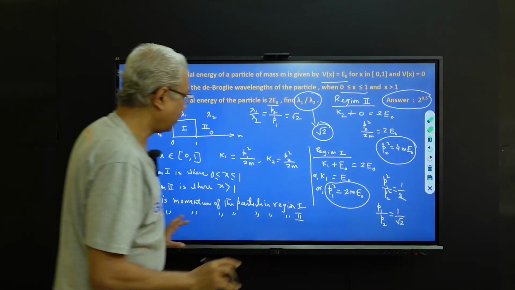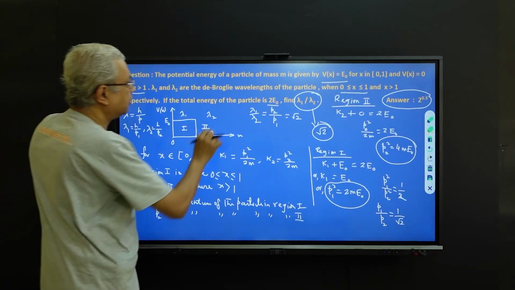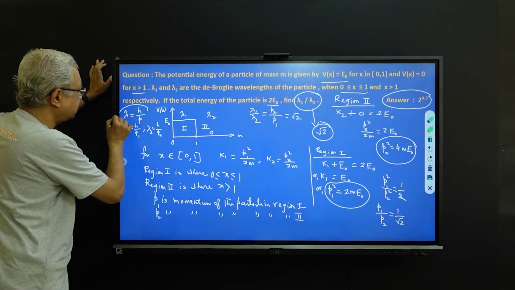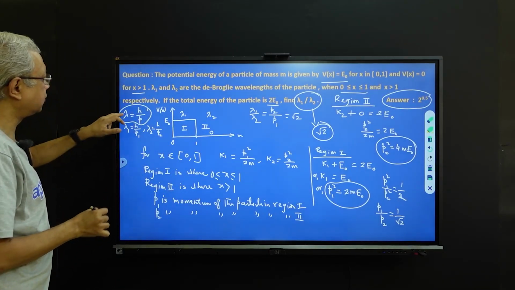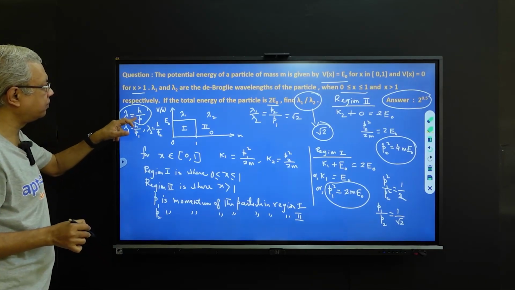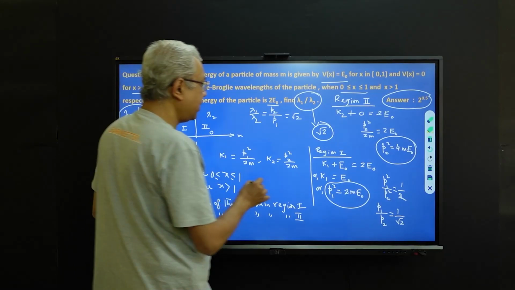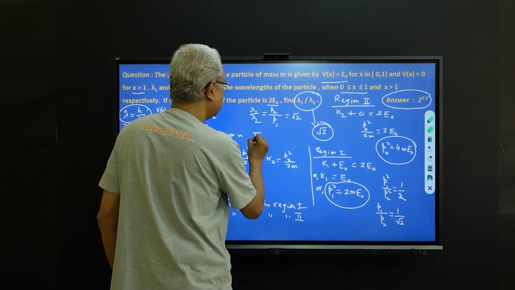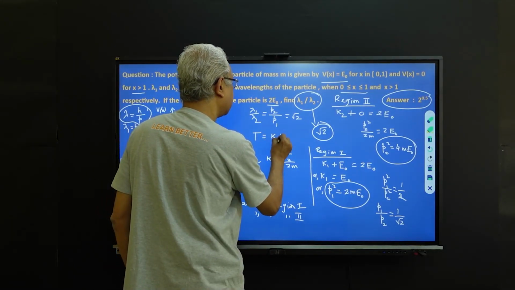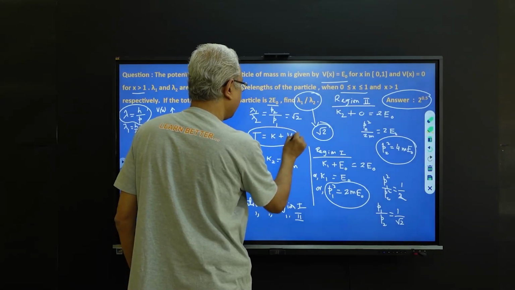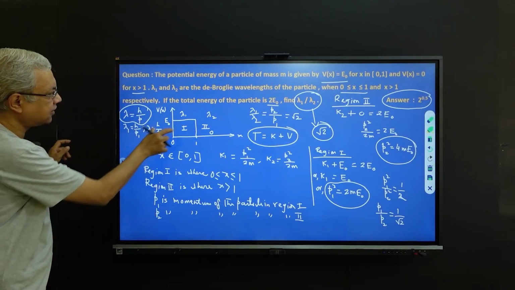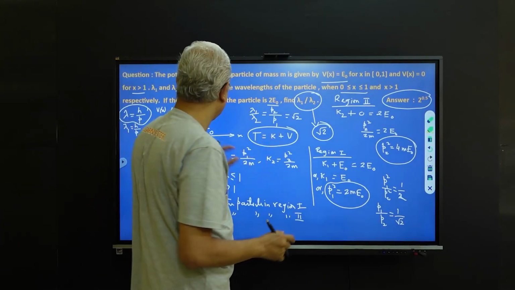It's a very simple problem. So the basic principle is that the de Broglie wavelength associated with a particle having momentum p can be expressed as lambda equal to h by p. Total energy of the particle is K plus V. And it is said that in region 1, the potential energy of the particle is E naught.